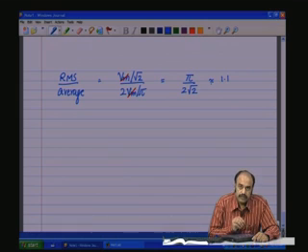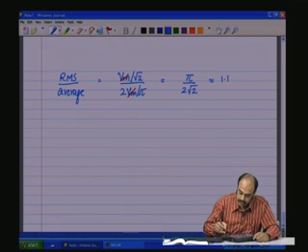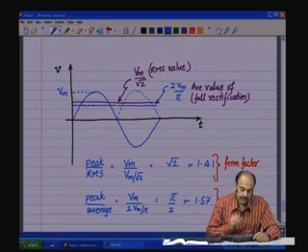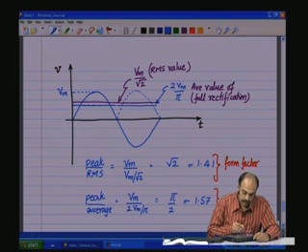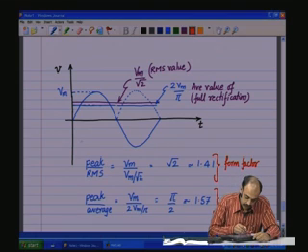So, these are some of the definitions that you need to know, and the full picture of the sine wave is something like that. You have the full sine wave defined, and it has two important parameters.